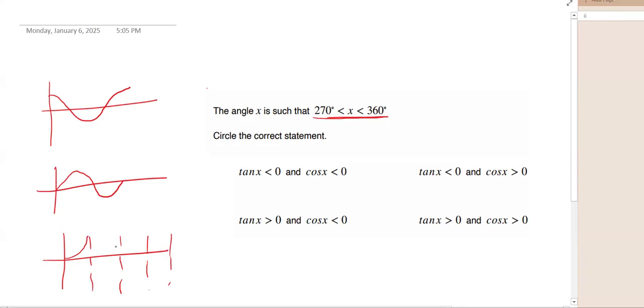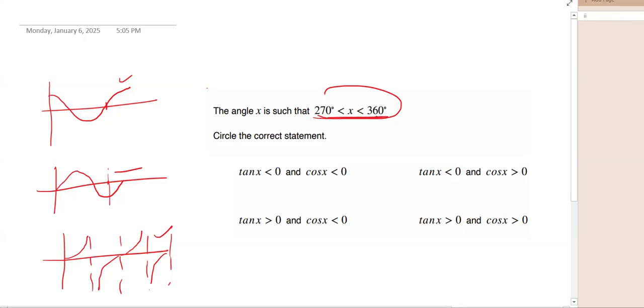Now, the angle is from 270 to 360, so it's this part.